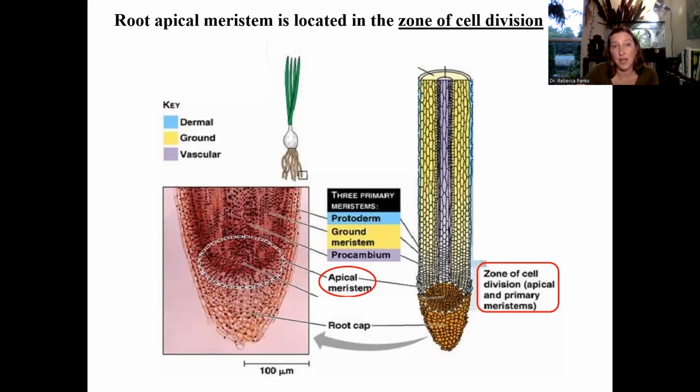There are different zones on a root, like different regions on a root. So the apical meristem is located in what's called the zone of cell division, and that makes sense because that is what's happening there.